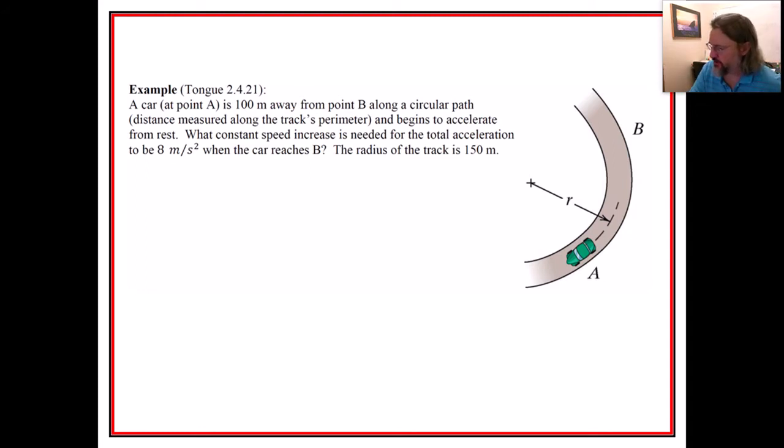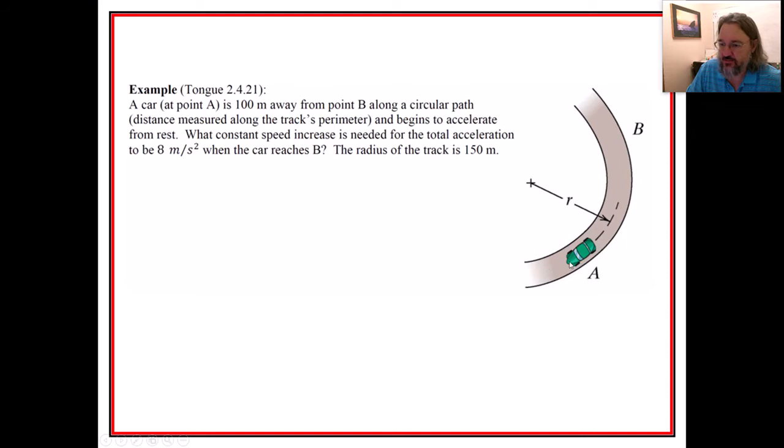Okay, so this is from Benson Tung's book, and it's problem 2.4.21. A car at point A is 100 meters away from point B. I always wondered what direction he was going. Is he going up and to the right, or down and to the left? What is the front?